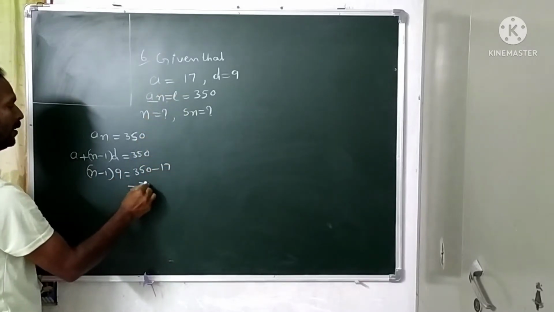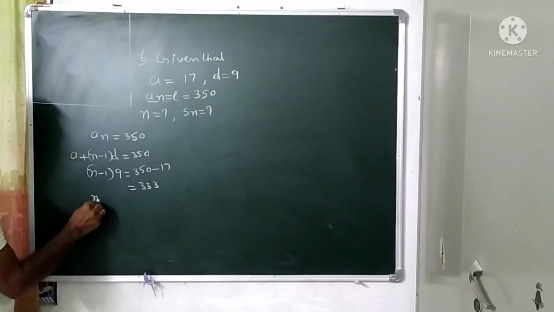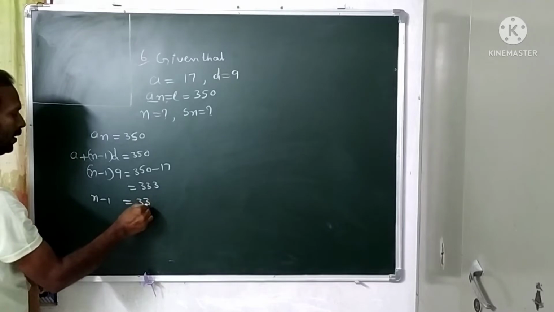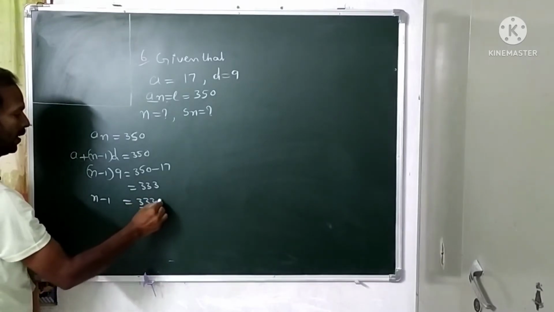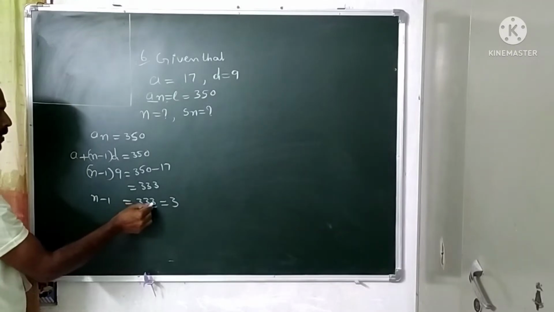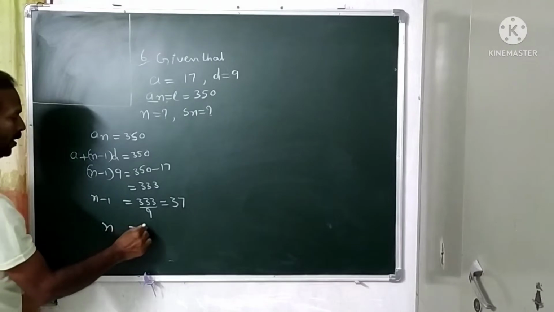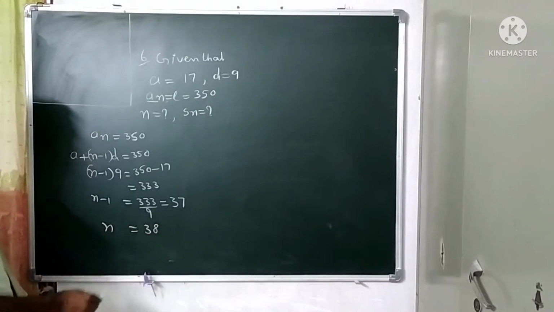So 333. Then n minus 1 is equal to 333 by 9. 3 9s 27, 63, again 7 times. So n is equal to what? 38.